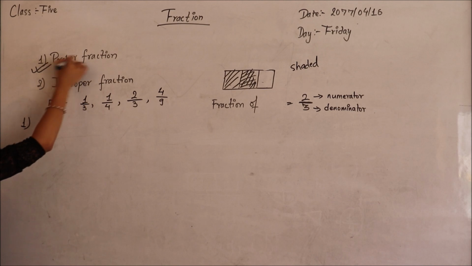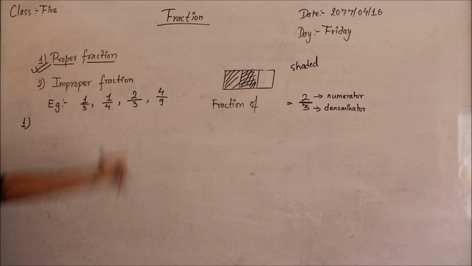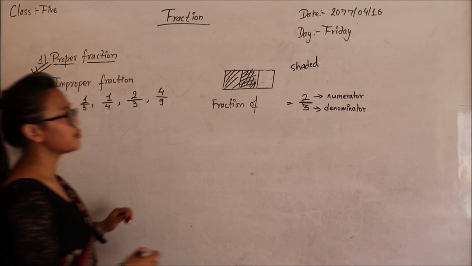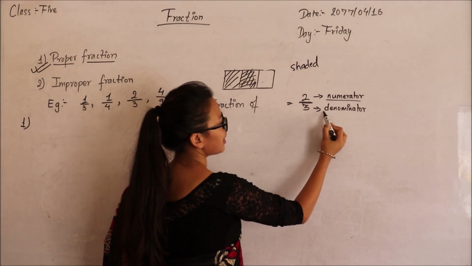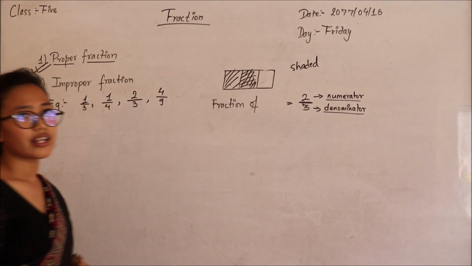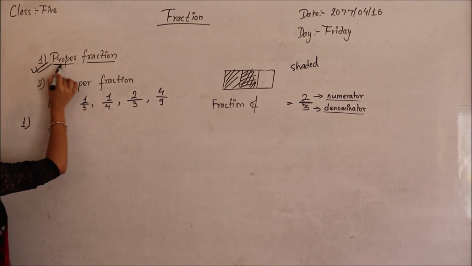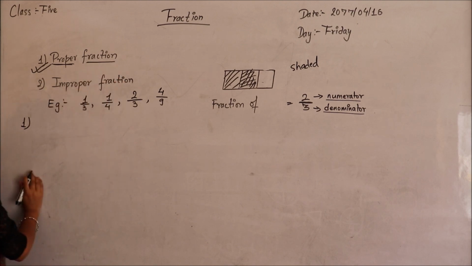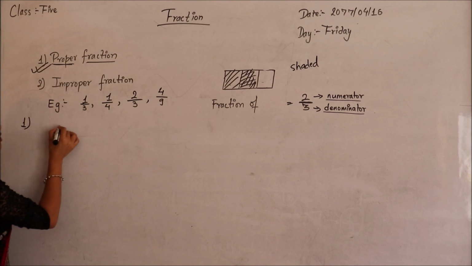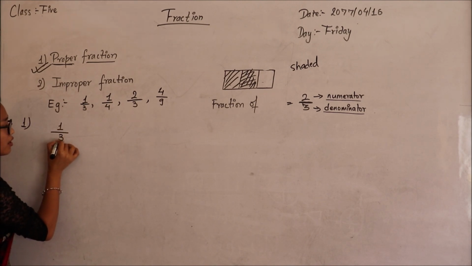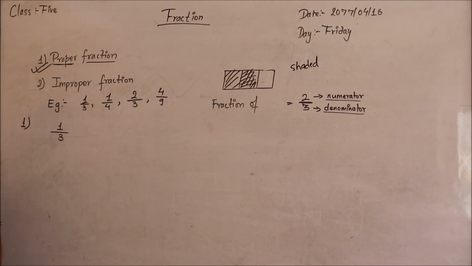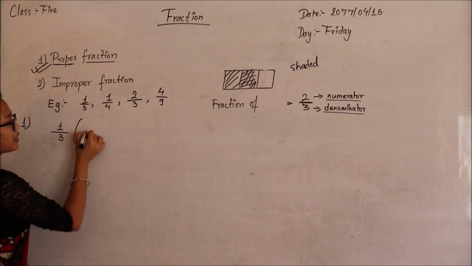So what is proper fraction now? As I already told you, the numerator and the denominator. So it would be easy that if I tell you what is proper fraction and improper fraction, you can easily distinguish. So what is proper fraction is, let's take 1 by 3 and I will give the example.